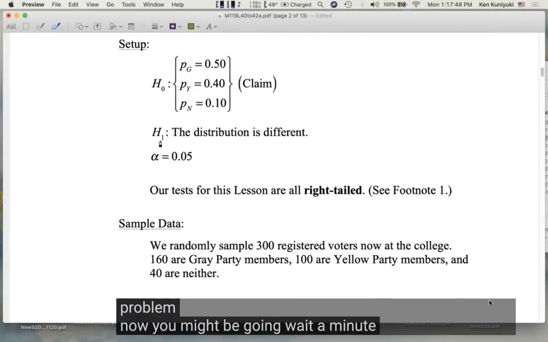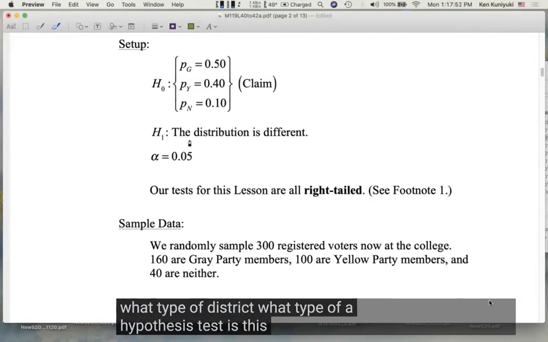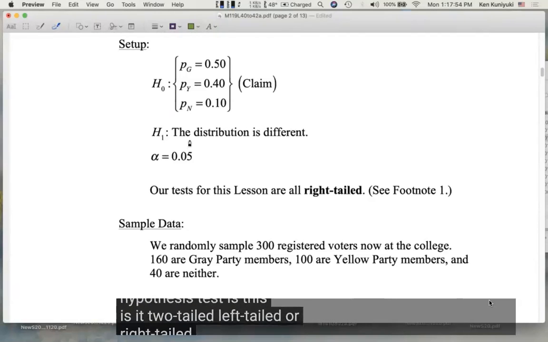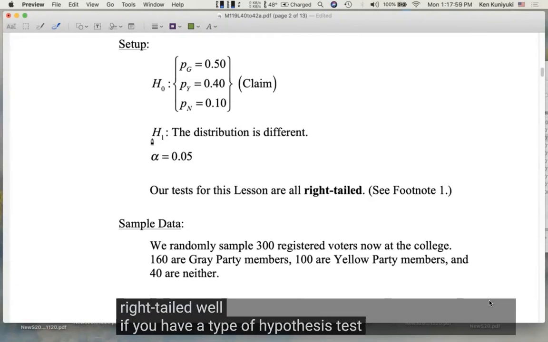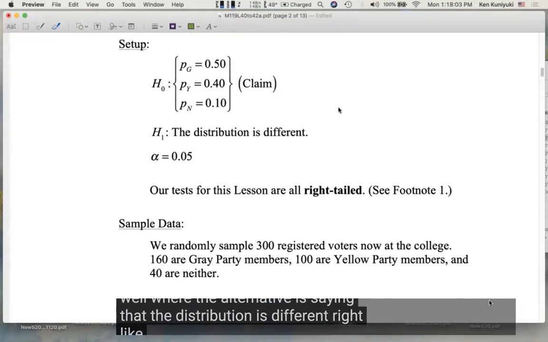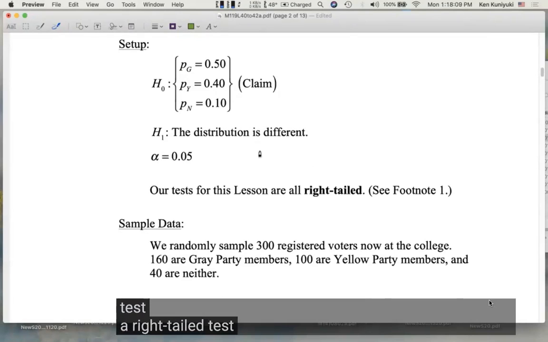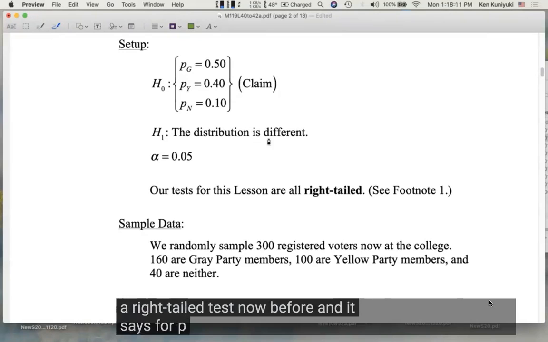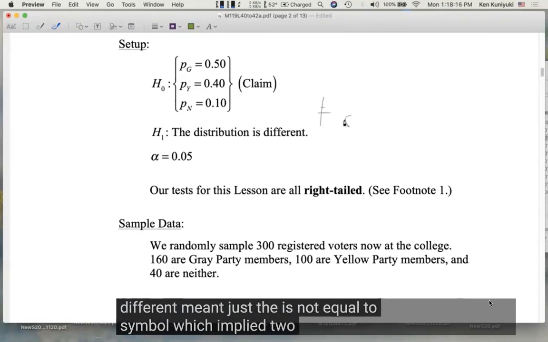Now, you might be going, wait a minute. What type of hypothesis test is this? Is it two-tailed, left-tailed, or right-tailed? Well, if you have a hypothesis test where the alternative is saying that the distribution is different, like in this goodness of fit test, then that's going to be a right-tailed test. Now, before, in the test for P, different meant just the is not equal to symbol, which implied two tails.